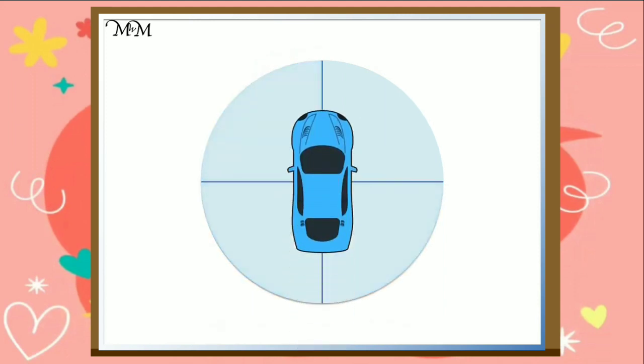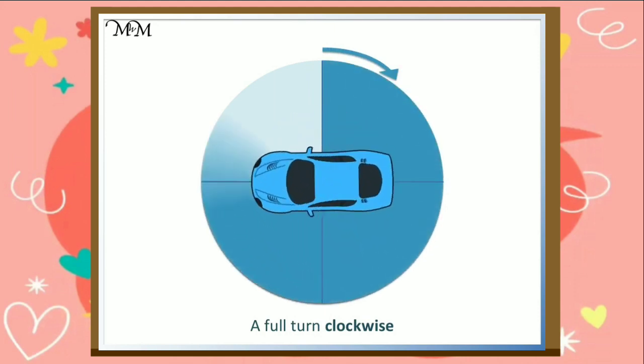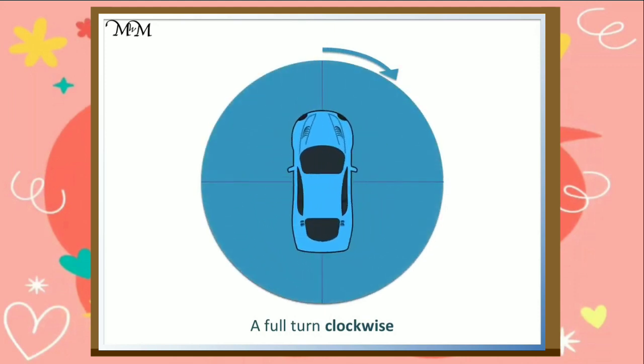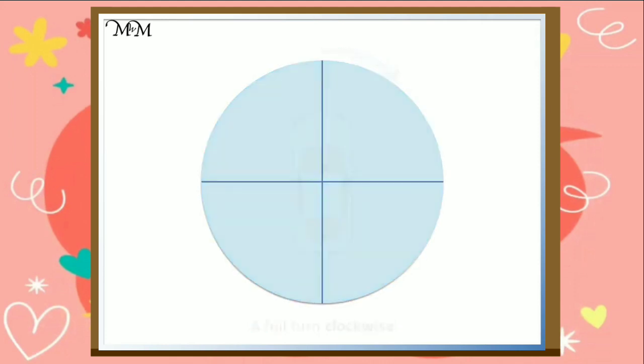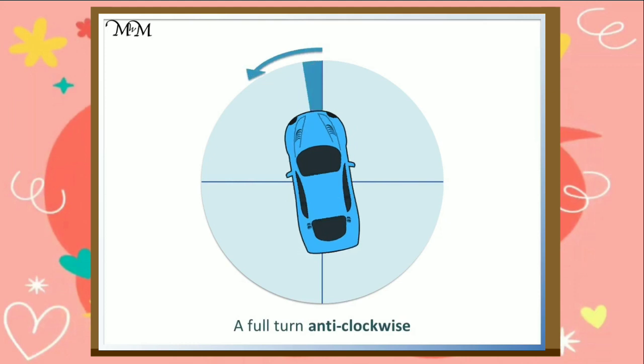Finally, we will look at full turns. First, the car will make a full turn clockwise. This means that the car will turn in this direction. So this is a full turn in a clockwise direction, and the car ends up back in its starting position. This time, the car will make a full turn anti-clockwise, so in the opposite direction.